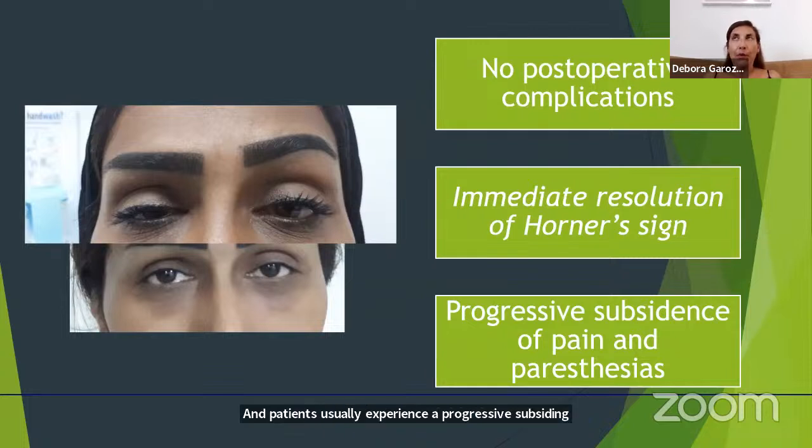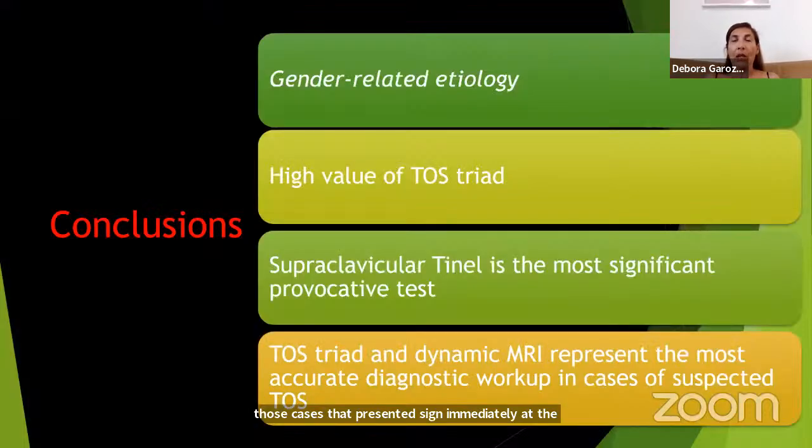It's interesting to note that those cases that presented with a Horner sign immediately had a resolution of the Horner sign after the surgery. In conclusion, TOS without neurological deficit can be diagnosed if you consider the high value of the TOS triad of positive provocative tests.